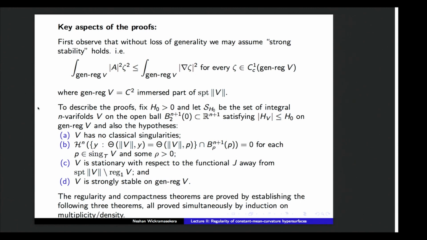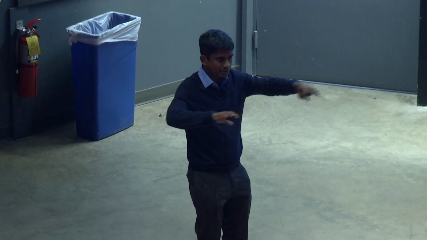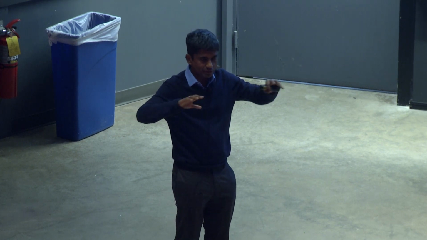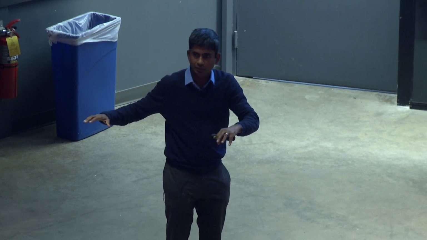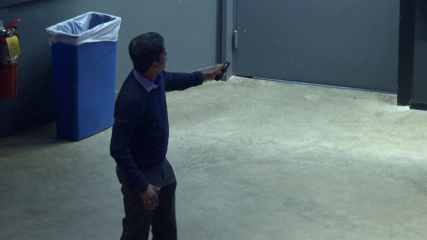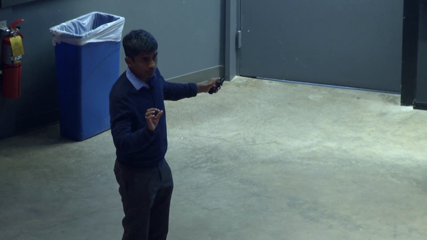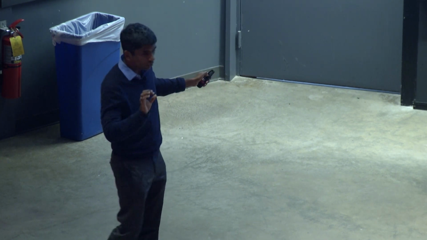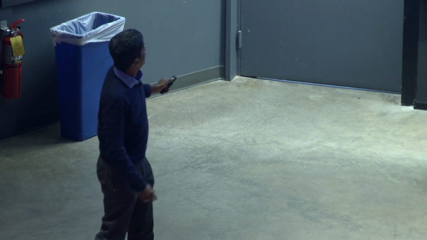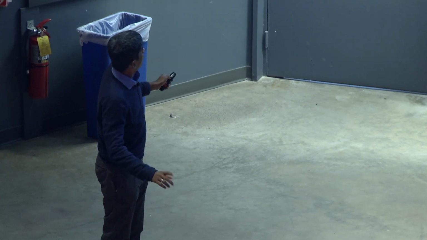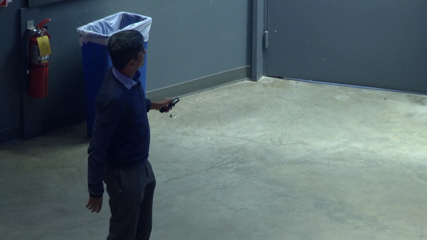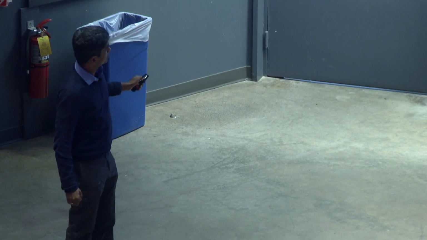Because otherwise, if strong stability fails, that is, this inequality fails for two test functions which have disjoint supports, then you can cook up a test function with 0 average by combining them and violate the weak stability. So the assertion here is that locally the thing is strongly stable. Okay, so we'll assume that in our quantitative estimates that we're going to prove, the strong stability holds.